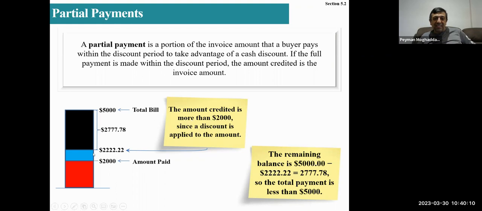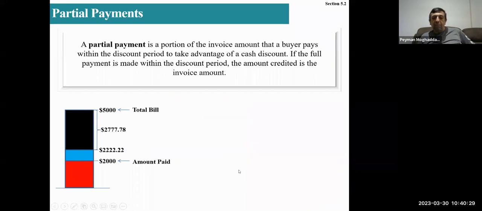Okay, and that's the amount which is credited toward your total bill in that period. Okay, so your total bill of $5,000 after the discount period is going to be 5,000 minus 2,222, which is going to be 2,778.